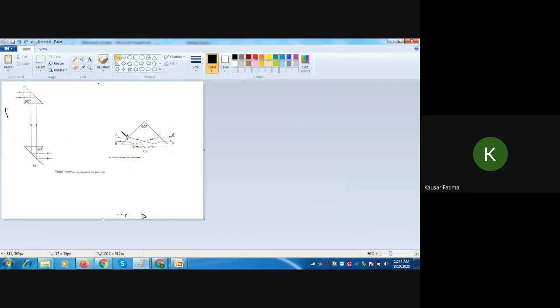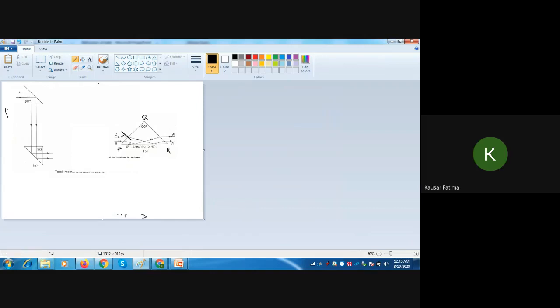If you draw the normal at this point, it will bend towards the normal because it's going from air to glass. And here it strikes the other side of the prism. You may label it like this: this is side P, Q, and this is side R. So when it strikes side PQ, it is going from air to glass, a denser medium, and bends towards the normal.